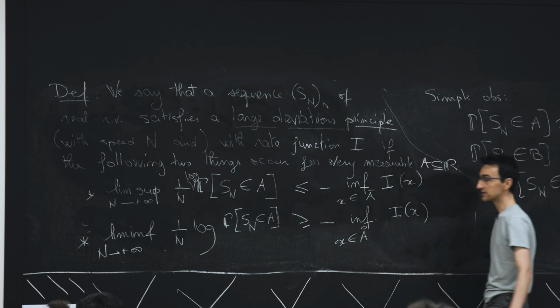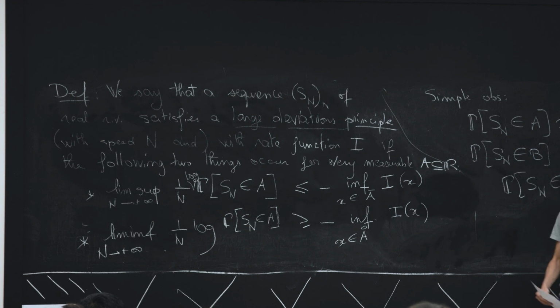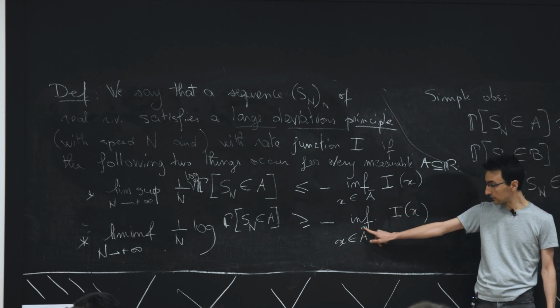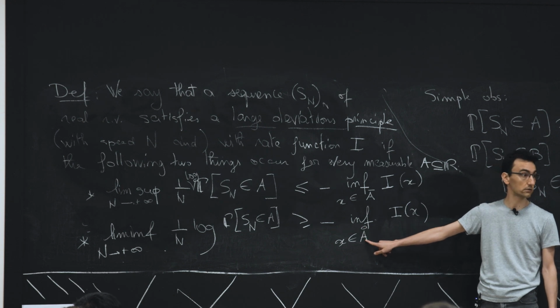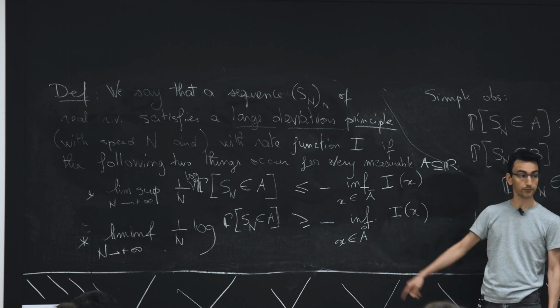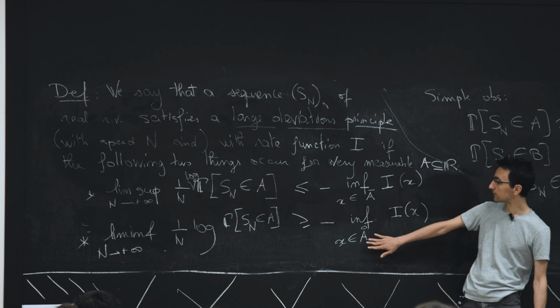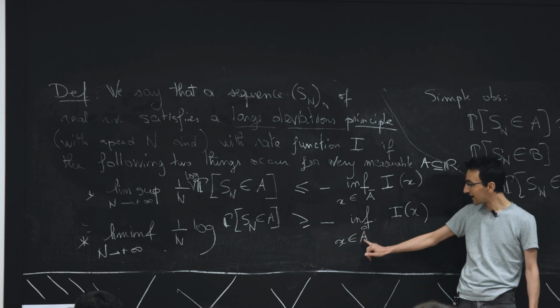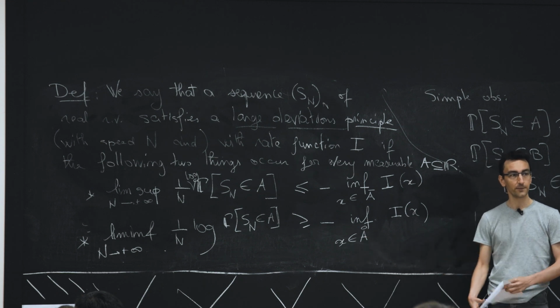I give myself a little bit of margin. So here A bar is the closure of A, and A with the little circle is the interior of A. Make sense? It's easier to satisfy this inequality if I add the interior.